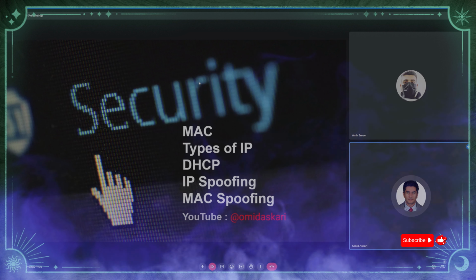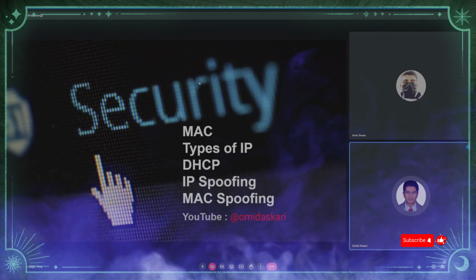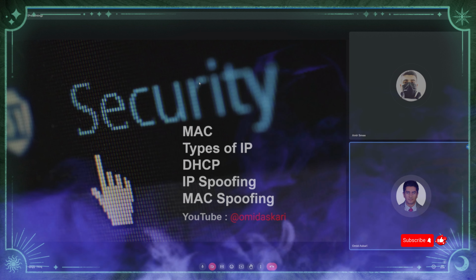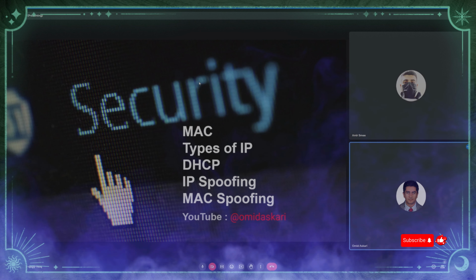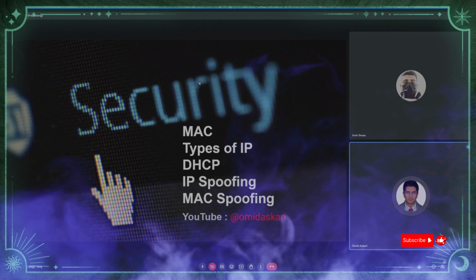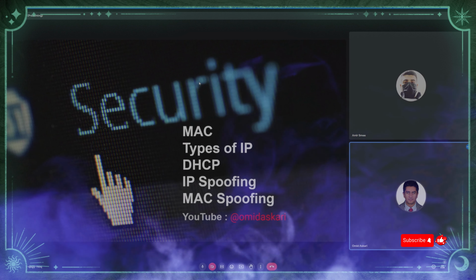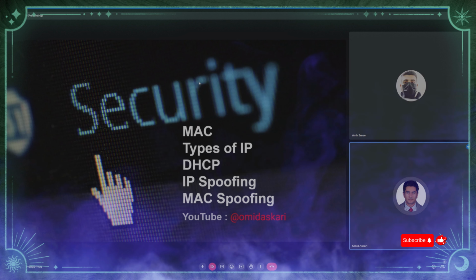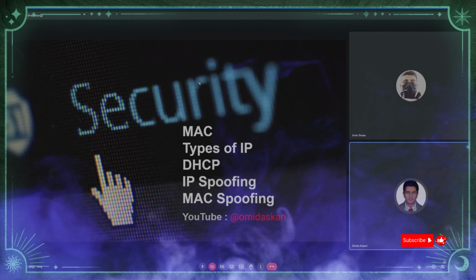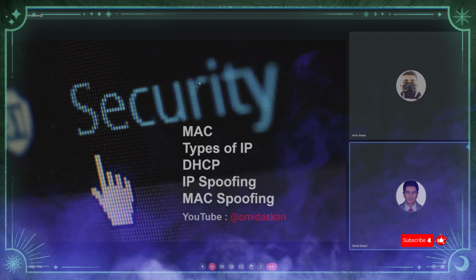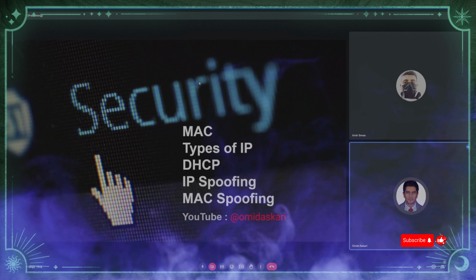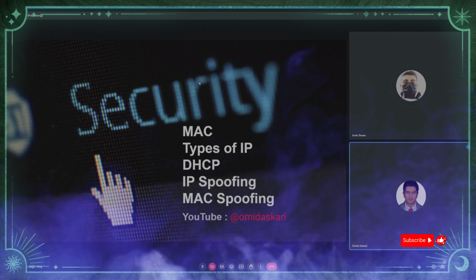Because they don't have IT knowledge, you should train them on what IP and MAC spoofing are. The important thing is to report suspicious activities, such as malicious software or any notification that has suspicious activity. They should learn, and be educated and trained.